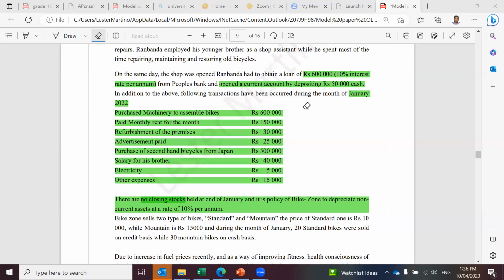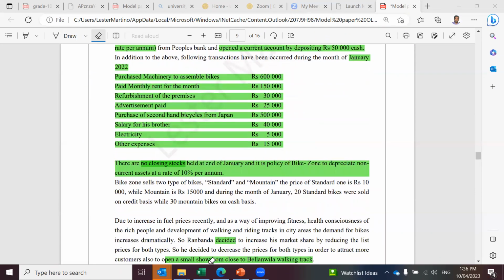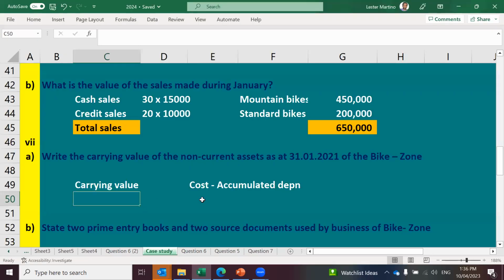The loan rate is also 10%. So what you can do is 600,000 minus 600,000 times 10% times only 1 month, okay? 1/12.